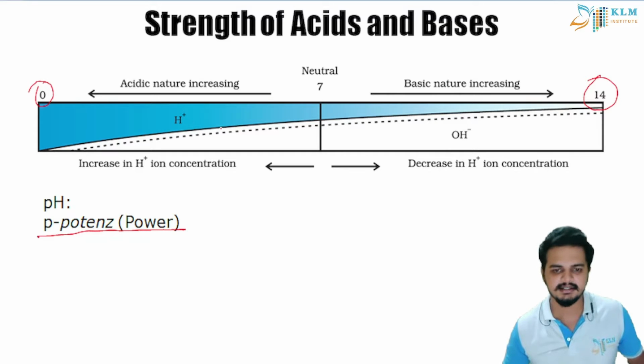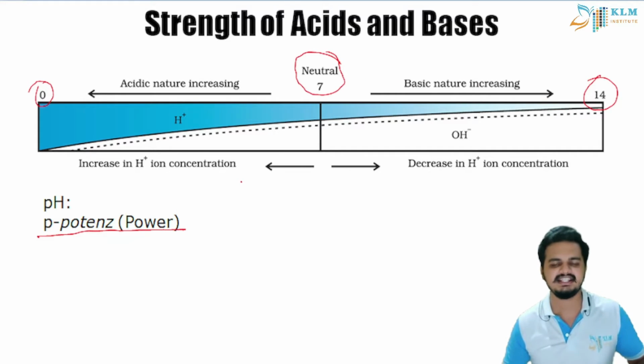The center of this scale is 7. So for any solution, if the pH, the power of hydrogen, is 7, it is known as a neutral solution. But if the pH is less than 7, it is acidic. And if it is more than 7, it is basic.